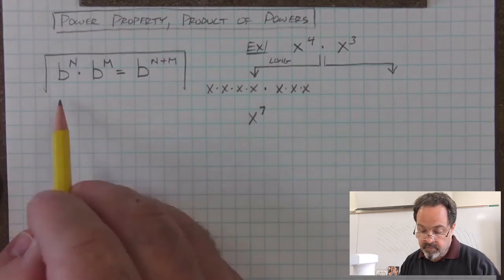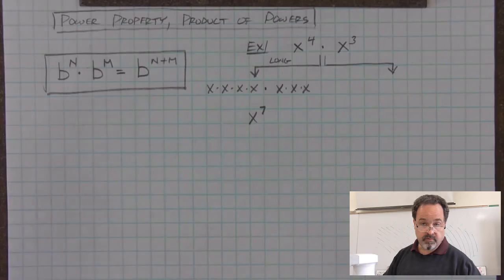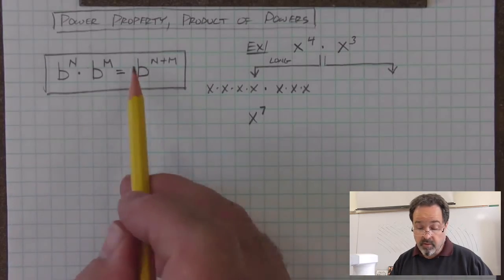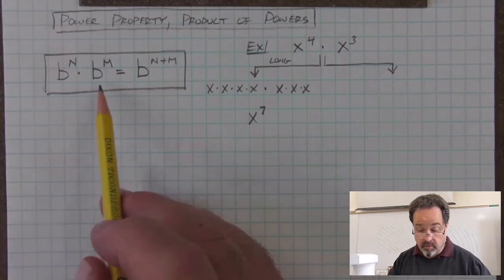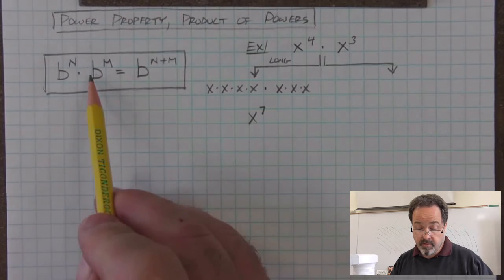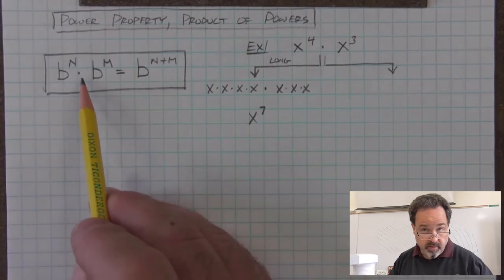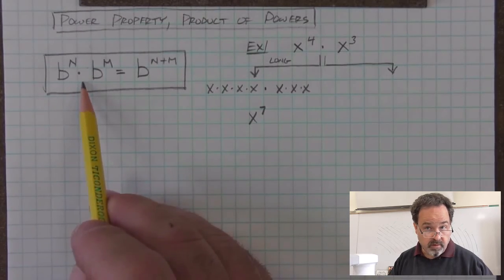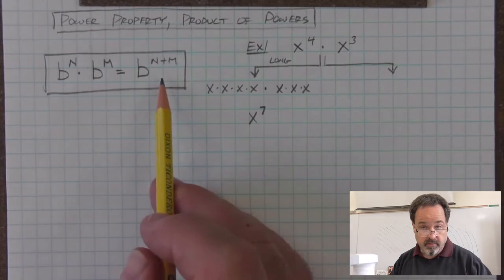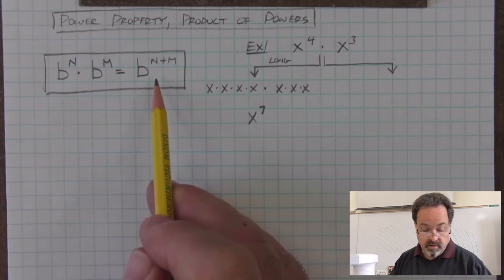I'm going to put a box around this because it's always true that this will work as long as you begin with two powers that you're multiplying with the same bases. You can simplify it into a single power by adding the exponents.